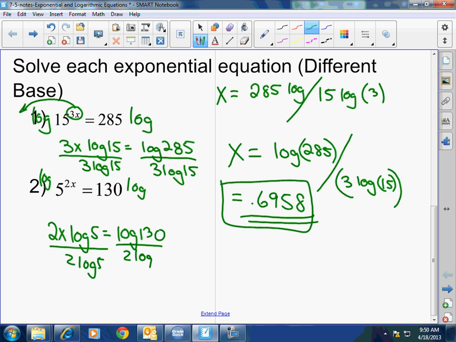And x is going to equal, remember in your calculators, log of 130 divided by parentheses 2 log of 5. And what did you guys get? 1.5122. That's exactly correct. Good job.